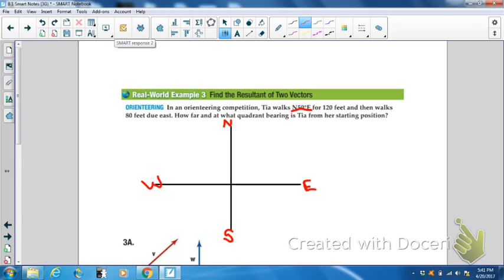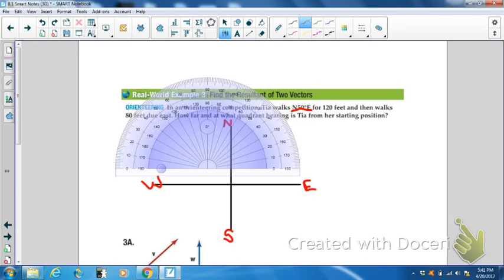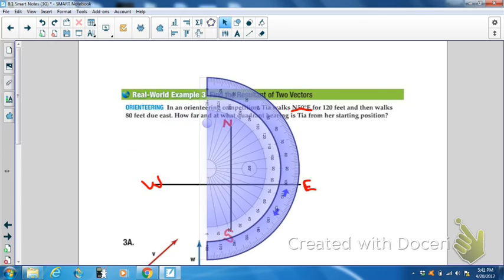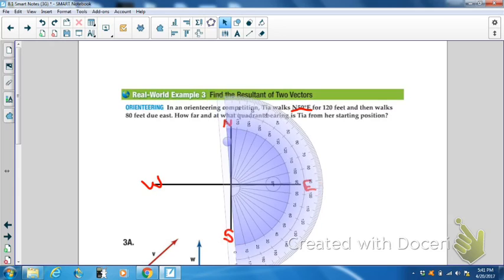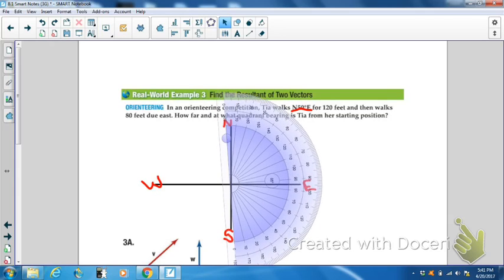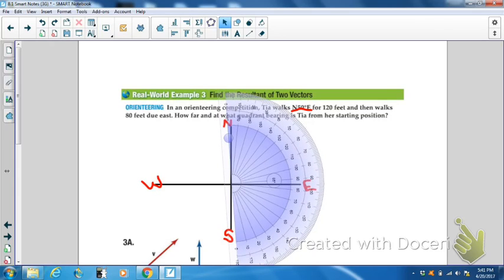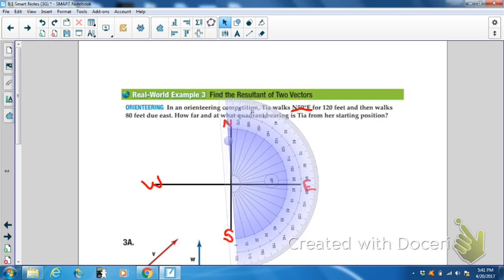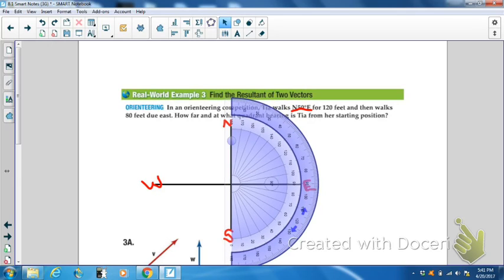So I want to get out my protractor so that I can measure 50 degrees east of north. So I'm going to turn it around here, line it up with my origin, so that I've got the left side along the north axis, and I want to measure over 50 degrees.